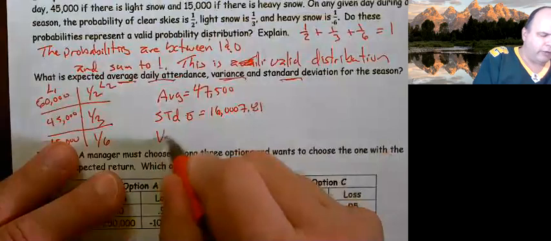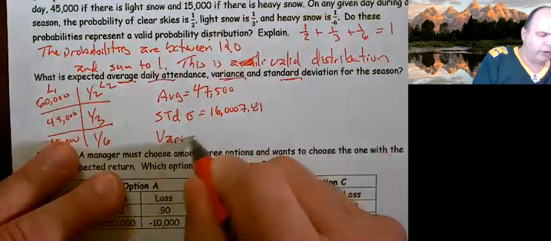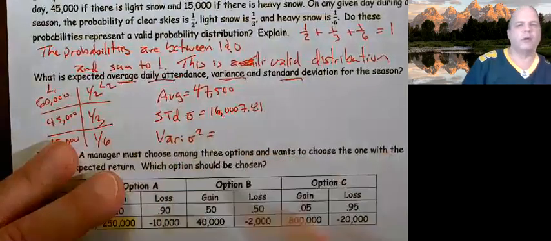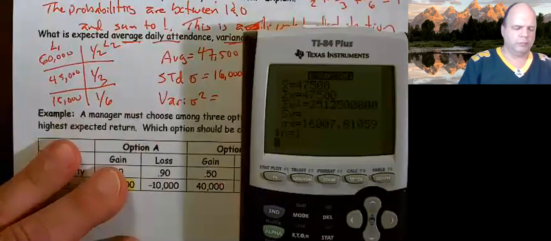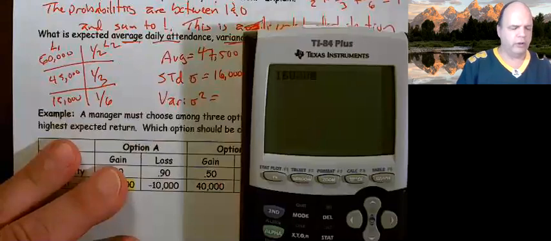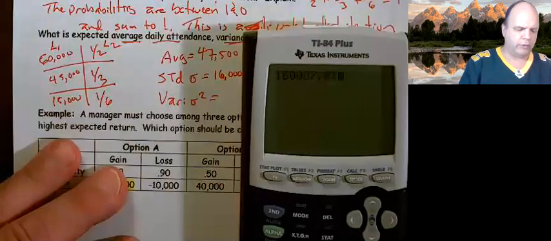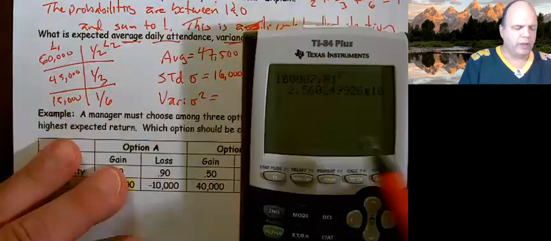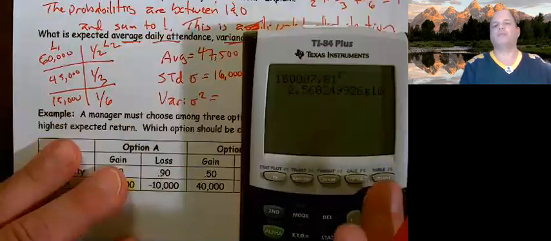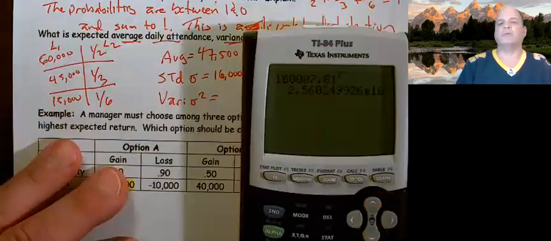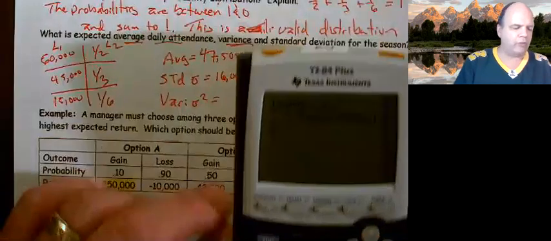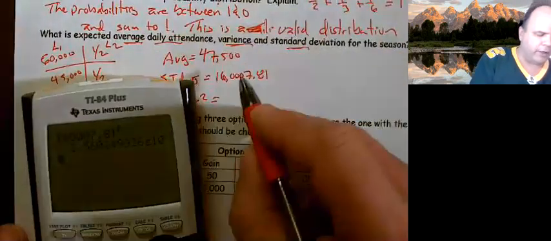And then our variance is our standard deviation squared. So 16,007.81, and I'm just going to square it, is 2.56. Wow, actually, that's going to be a lot bigger number than that.